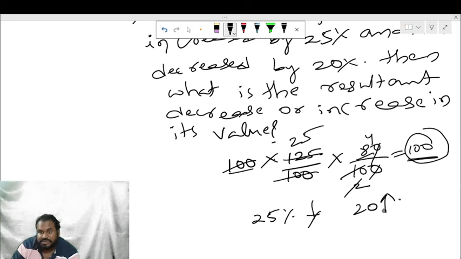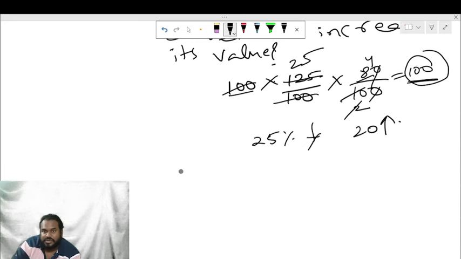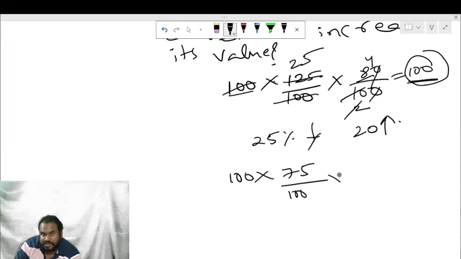then how will you solve? 100 into decreased by 25% means 75 by 100. Again, after multiplying, you will get some value, right? That into increased by 20% means 120 by 100.